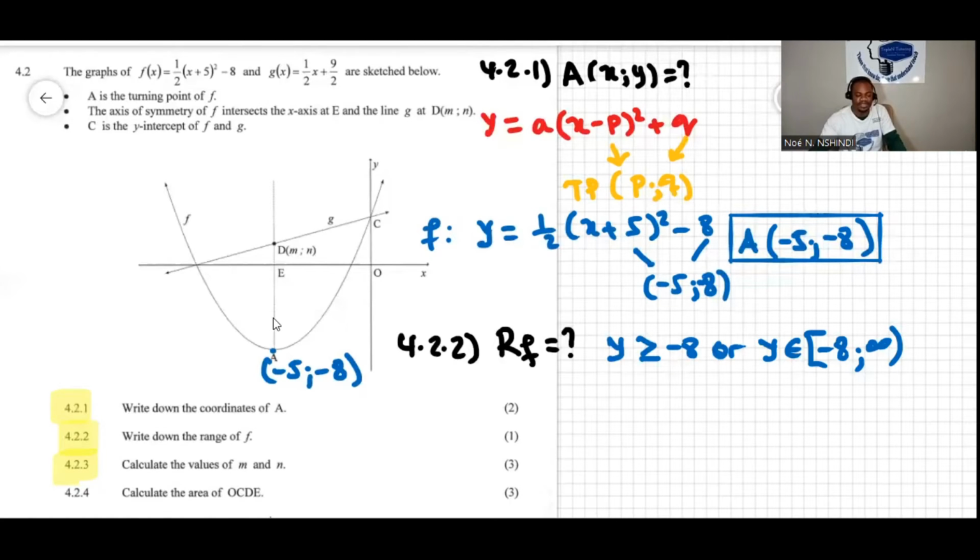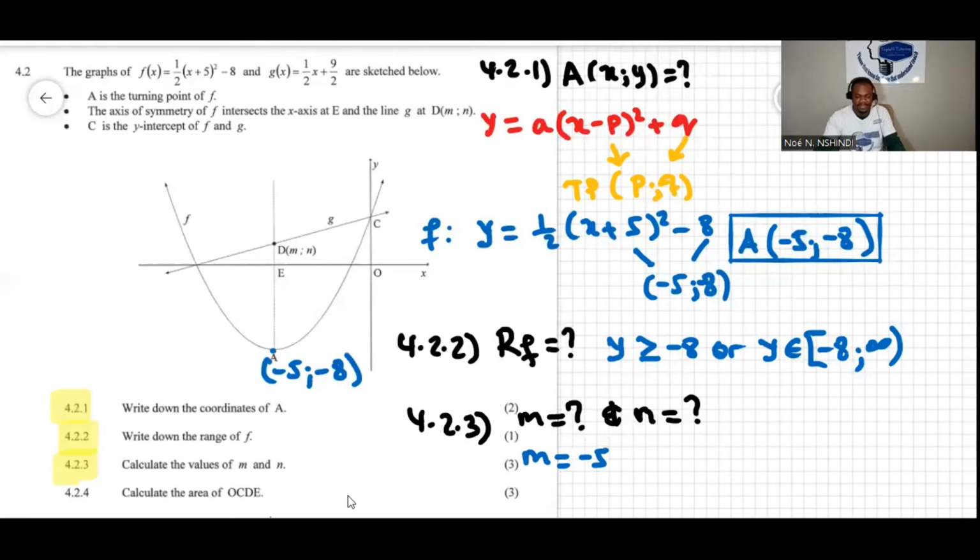So A and D have the same x coordinate, so m here is clearly -5. Question 4.2.3, we're looking for m and n. m is equal to -5.